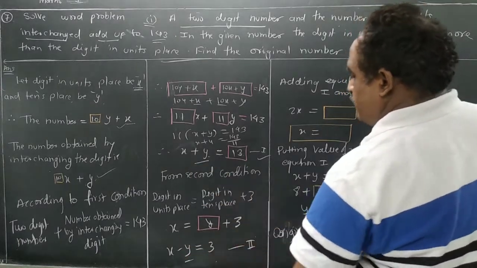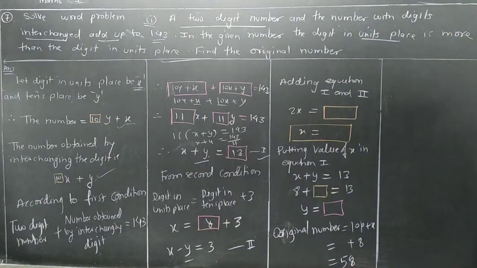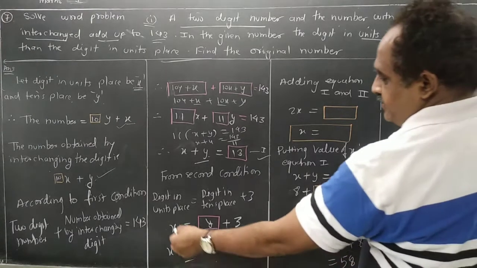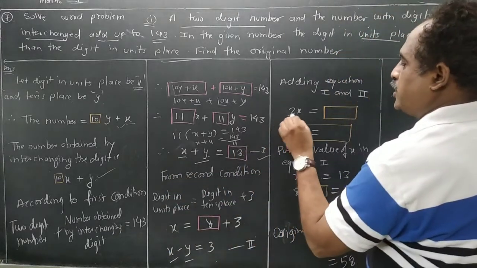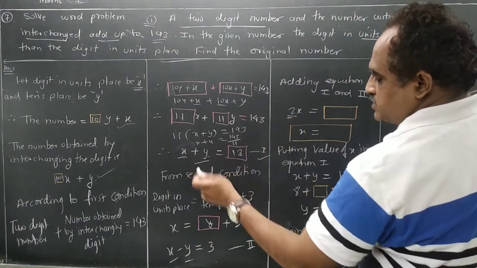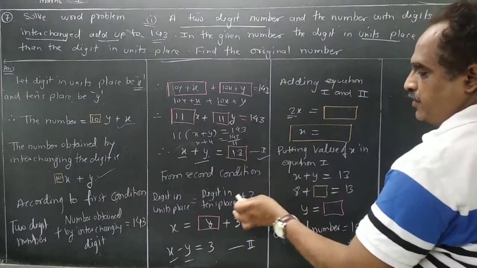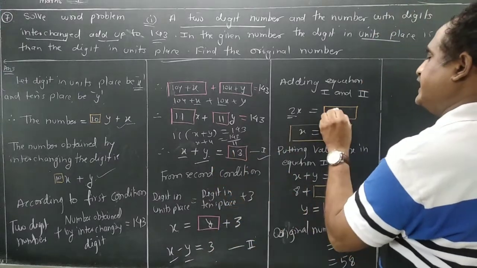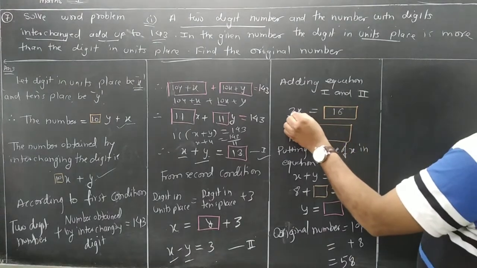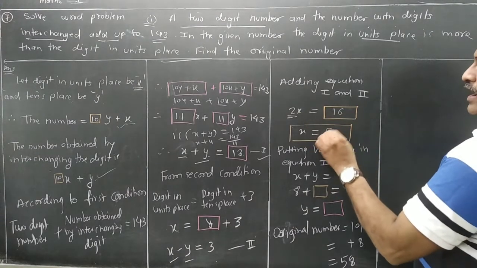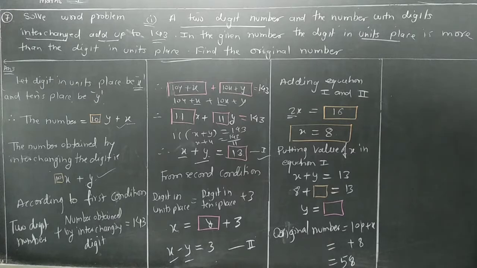See the coefficients of y, they have different signs, so we have to add. Suppose I add: x plus x is 2x, plus y minus y cancels to 0, and 13 plus 3 is 16. So ultimately 2x is 16, and 16 upon 2 gives x is equal to 8.